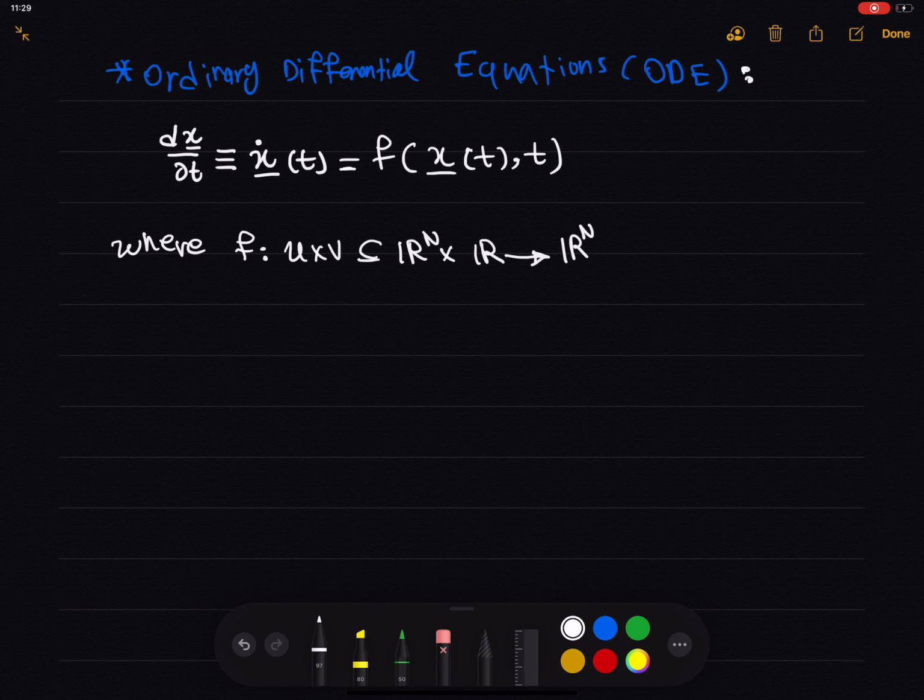For us, n is typically 3 because we have 3 dimensions x, y, z, but I wanted to write a general form of it depending on the different fields.